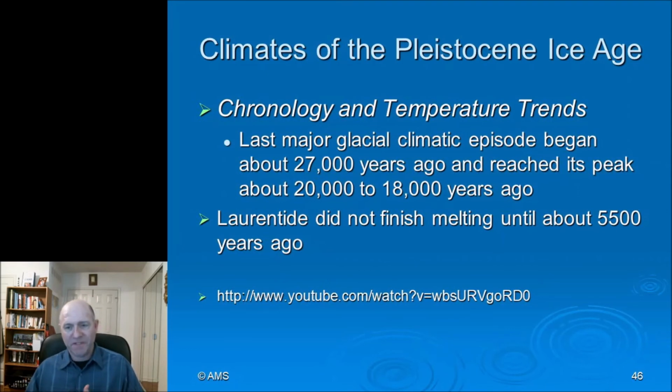But in terms of civilization as we kind of think of it today, modern agriculture, that's a very new thing. Once the Laurentide ice sheet finished melting about 5,000 years ago, which is really not that long ago at all. That link there will take you to a computer simulation of how the ice sheet evolved from about 25,000 years ago until it finally melted away.